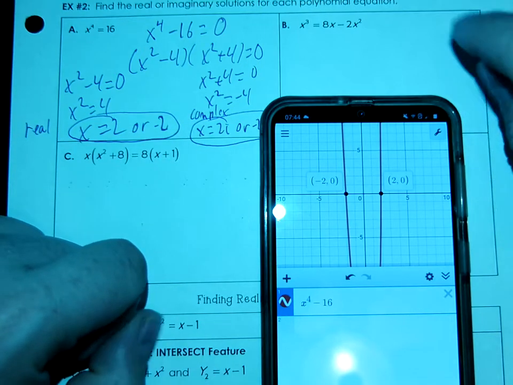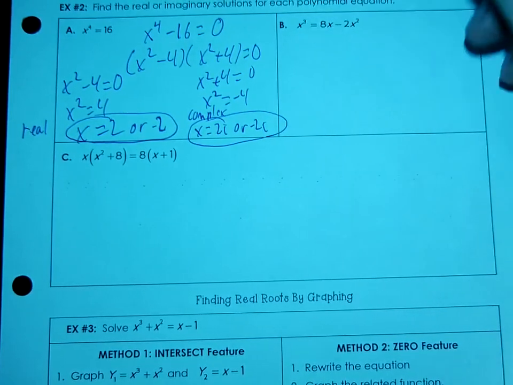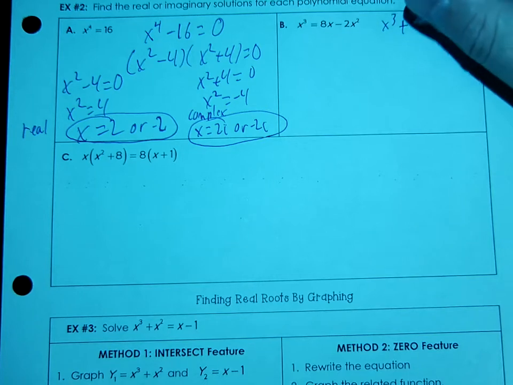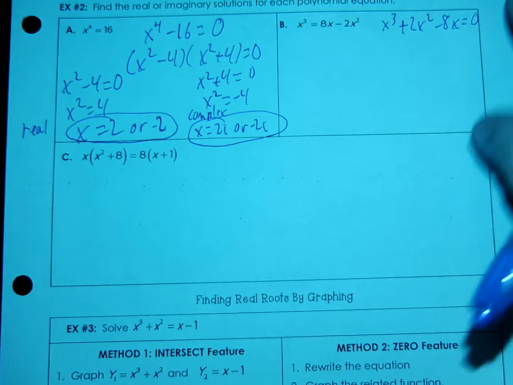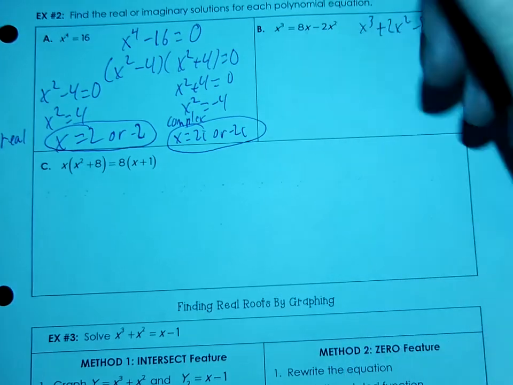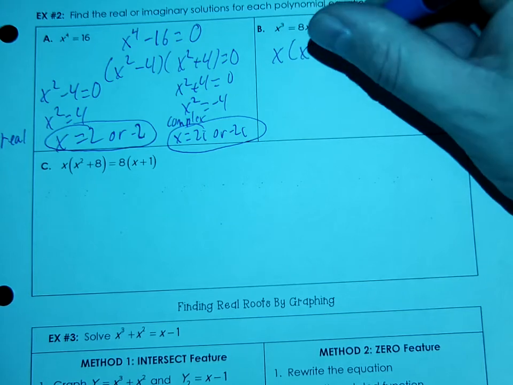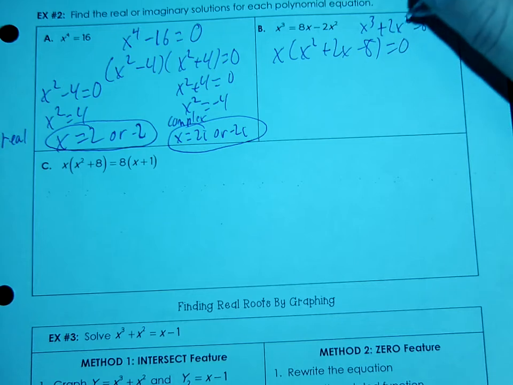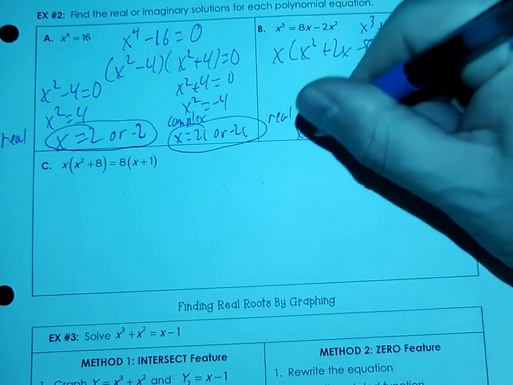Alright, this one, move the x squared and the 8x over. X cubed plus 2x squared minus 8x equals 0. Notice here these all have an x in common, so I'll pull that x in the front. X times the quantity x squared plus 2x minus 8 equals 0. So that tells me one of my real solutions is x is equal to 0.